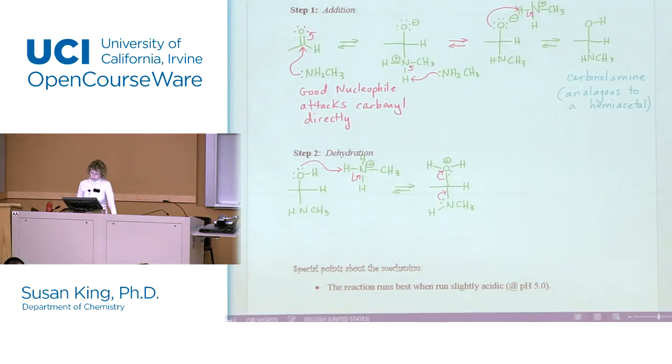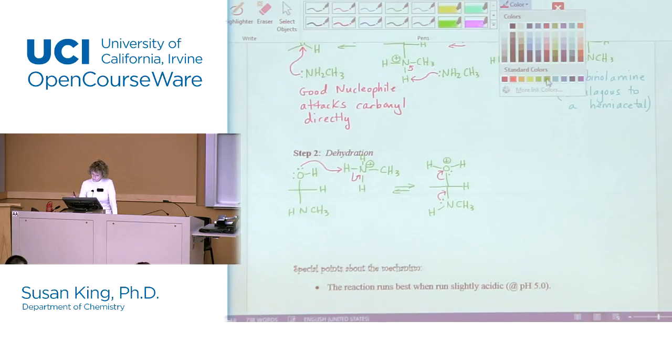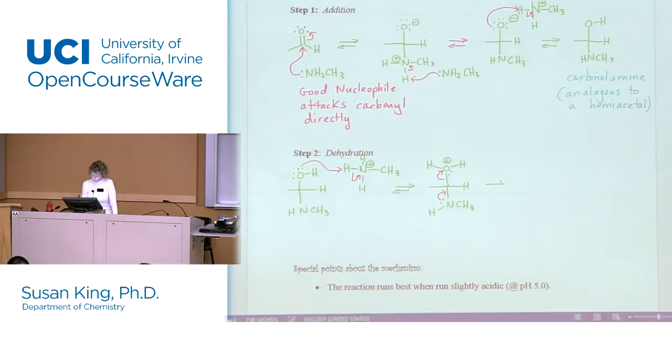So we've got a lot of mechanisms in this chapter, but they're very, very similar. Each one of them is very similar. And as you can see, once we do that, we're one step away. So this is an iminium ion, and now we just need to deprotonate to make the imine.